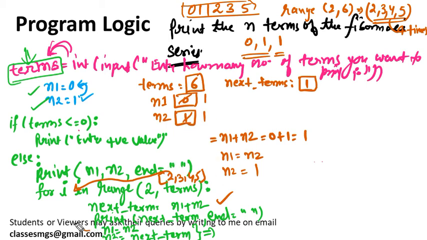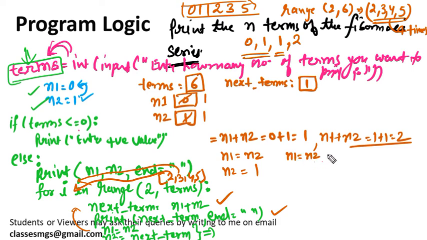Now this loop will continue. i will become 3 this time, and the next term will become n1 plus n2. Now n1 plus n2 is 1 plus 1, which is 2. Now 2 will be printed using this line. Now n1 equals n2, which means n1 will become the value of n2, so n1 will become 1.